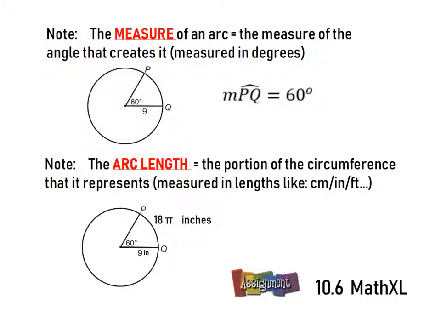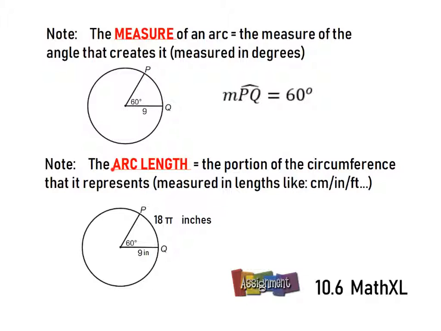All right, so that formula is not too bad to use. I'm not going to do a whole bunch of examples. You just kind of plug in the numbers and go. I just wanted to spend a moment here to clarify, because sometimes they're going to ask for the measure of the arc. If they use the words measure of the arc, and they use a little m here to show measure of the arc, that's the time where it's just the same as the central angle.